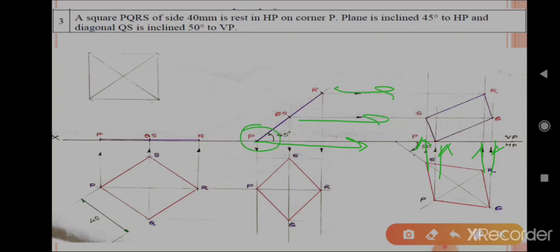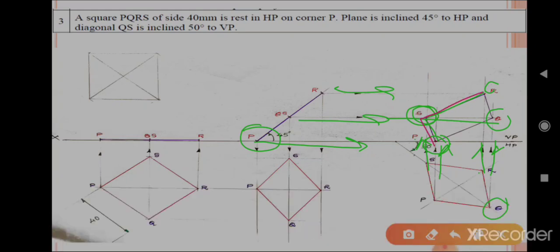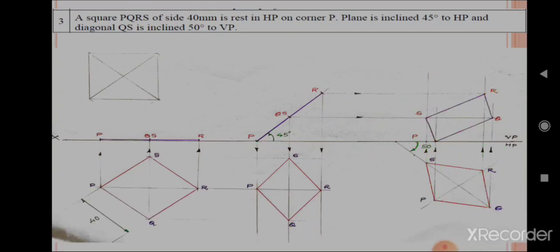Then point P is resting on the horizontal plane, we get the point P. Q and S lie on the same projection line, but in top view they are separate. So S point we can get here, Q point here, and R point at the top. We can connect all these points with straight lines, and this is the final answer, it looks like this.